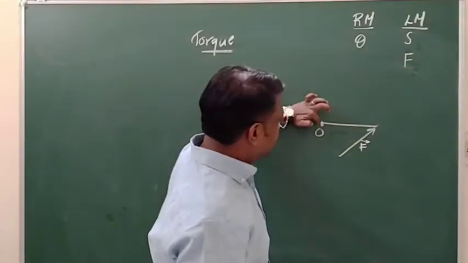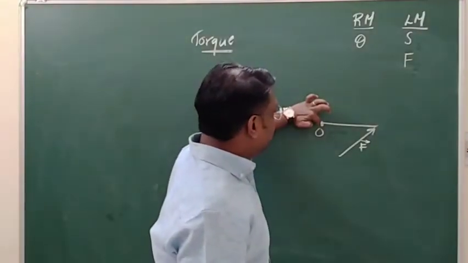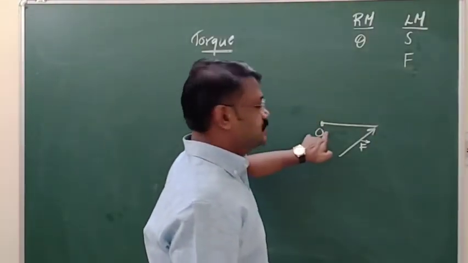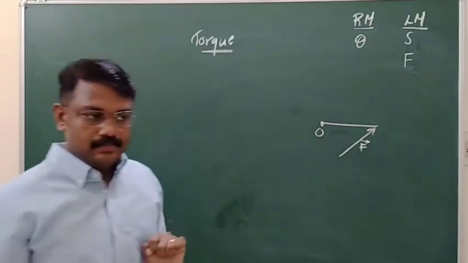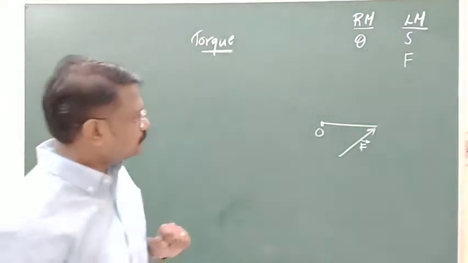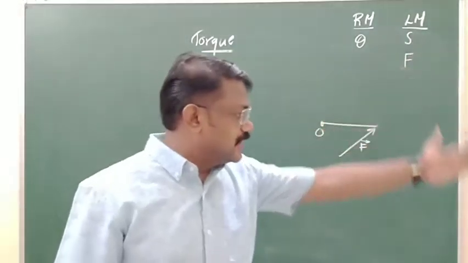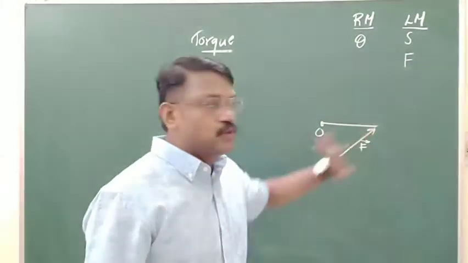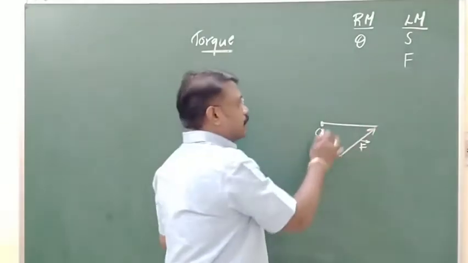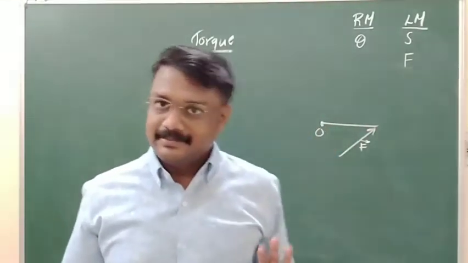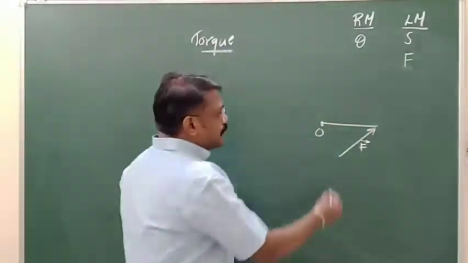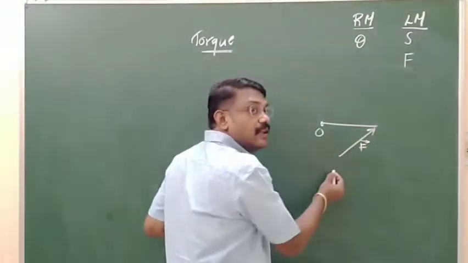Suppose it is fixed here and is capable of moving around the point O. A better example is your door. One end is fixed and the other end is open, and it can rotate about this fixed point. So when you apply a force at the edge of the door, what will happen?